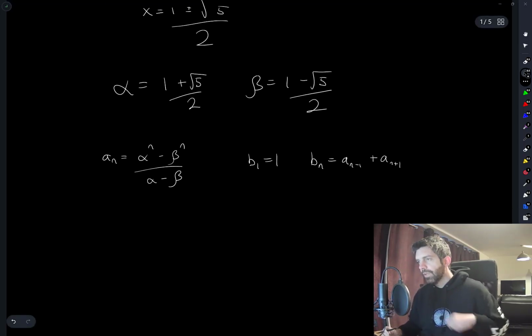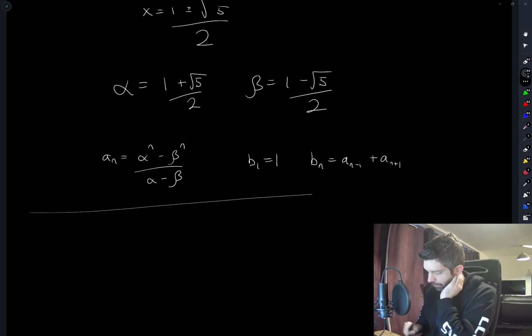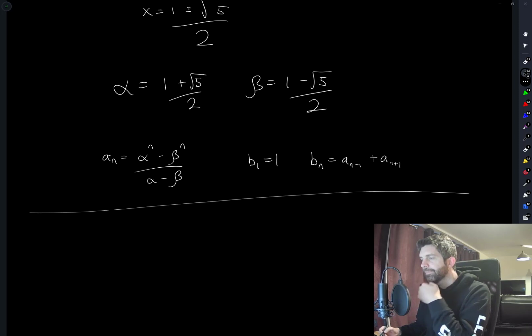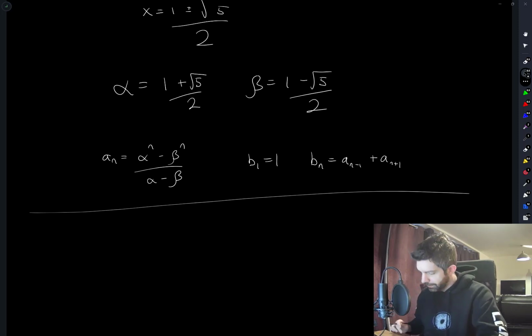Okay, so I think the first thing I'm going to do is try to figure out what exactly the relationship is between the Fibonacci sequence and the golden ratio.